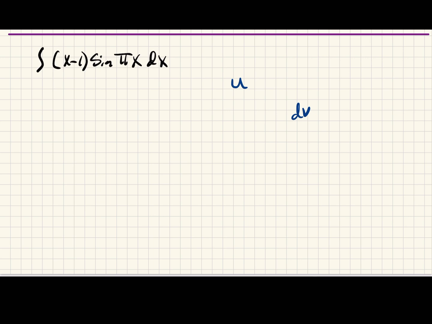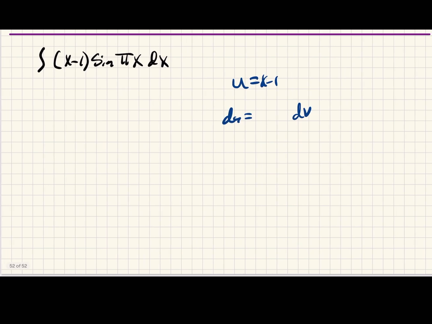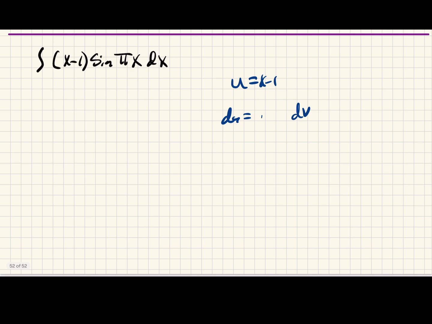Now, if I let dv be x minus 1, and then I find the integral of that, all of a sudden I'm up to x squared, aren't I? Now, if I let u be x minus 1, then what would du be? It's just dx, isn't it? That's nice. Okay, but what about dv?